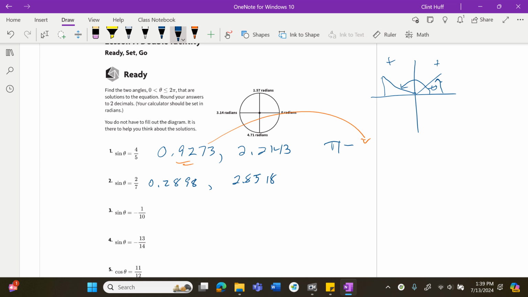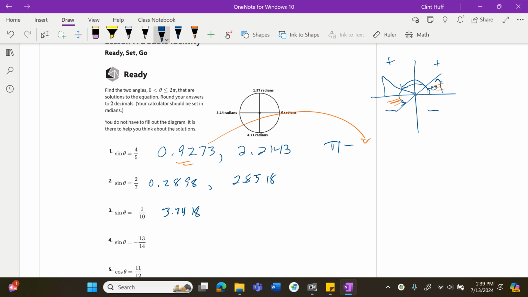All right, on the next one, if you enter it into your calculator, you'll get 3.2418. Now this one's a little bit tricky because the sine is negative down here in quadrants 3 and 4, and when you rotate all the way around into this quadrant, this angle is equal to its reference angle.